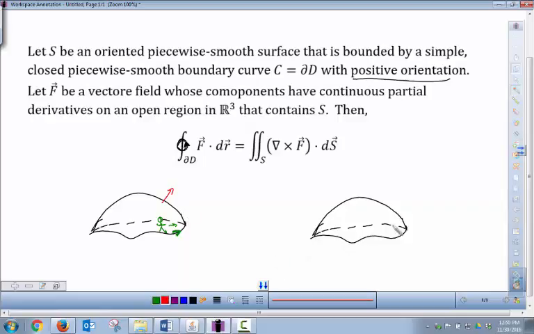This is a little trickier to draw, but now if we're going downward, so this arrow is technically inside of this surface, then as you walk around the surface in the same direction as the normal vector, I mean your head is in the same direction as the normal vector, your left side should be where the surface is.